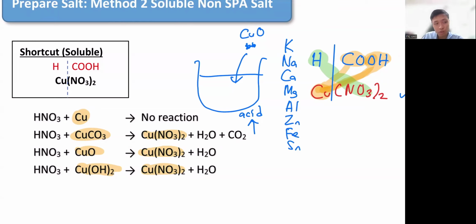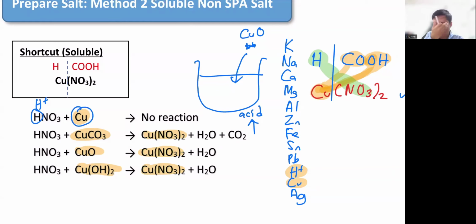I think most of you learned it in Form 1, Chapter 1, I mean in science. In this case, H plus is above Cu. This H plus is more reactive than Cu. Cu is less reactive than hydrogen.